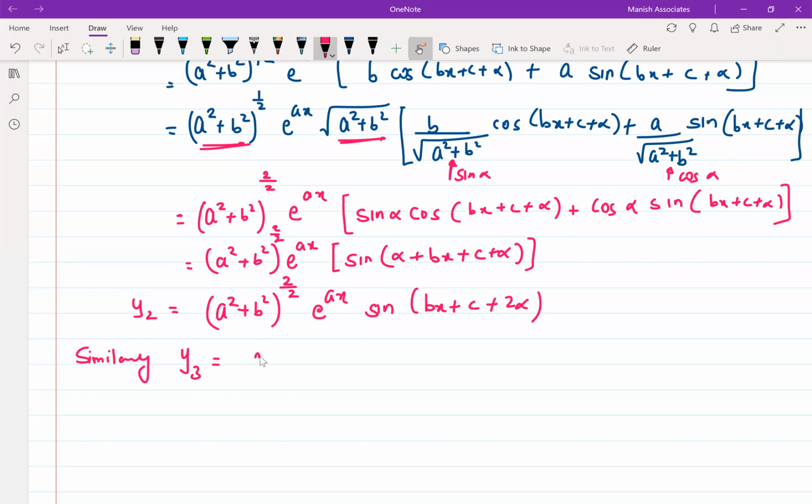And similarly, y3 will be equal to a square plus b square raised to now what? 3 by 2, into e raised to ax sine of bx plus c plus 3 alpha. I'll proceed in the same manner.